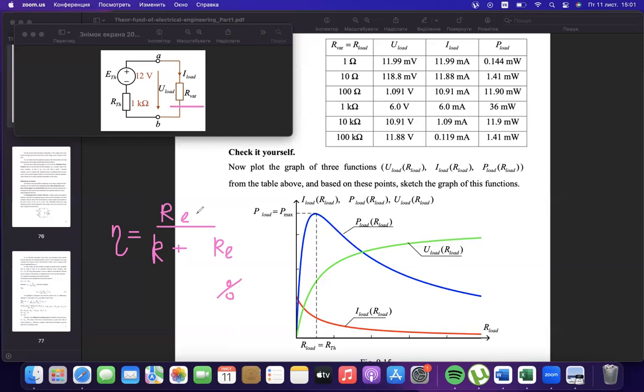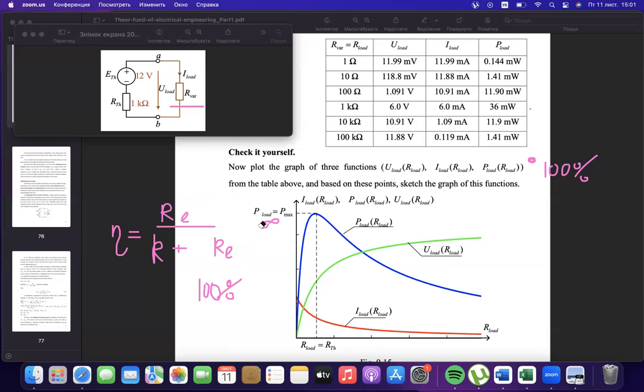The bigger the load, the closer this efficiency coefficient is to 100%, because if our load moves to infinity, then this coefficient is close to 100%, to 1 or 100%. Let it be a point here, or our load, no, infinity. It should be somewhere here. A very high amount of resistivity.